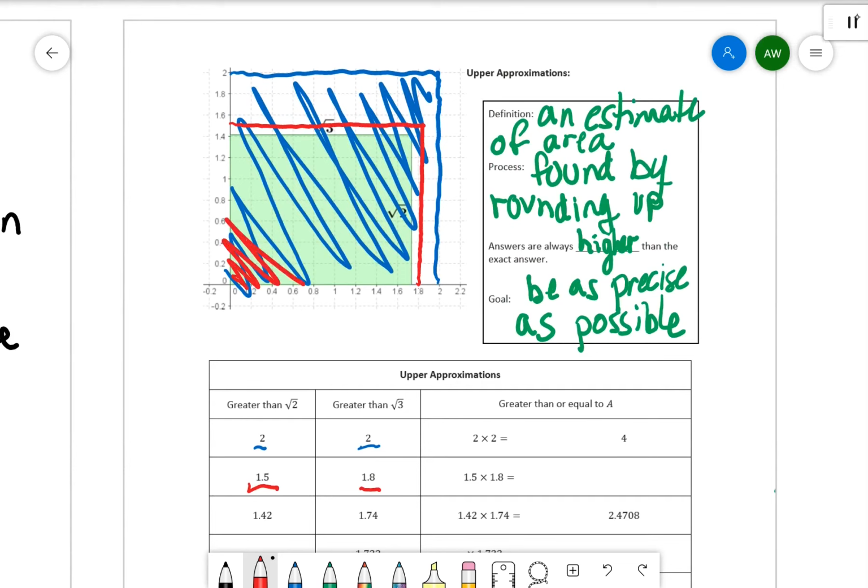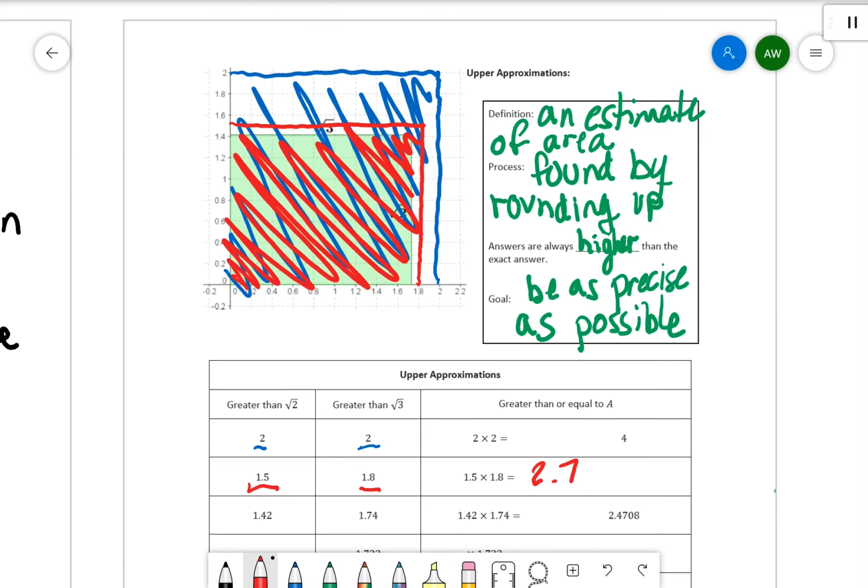So now, this is the area that I'm finding, which, again, is not quite exact, but is significantly closer to my actual area than my previous estimate was. When I multiply 1.5 times 1.8, I get 2.7. So that means that the area of the red box is 2.7. And this is an estimate that is closer to the actual area than my first estimate was.